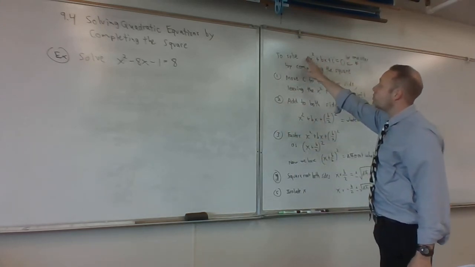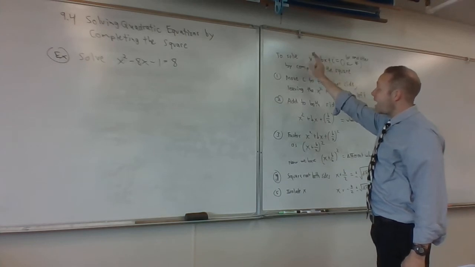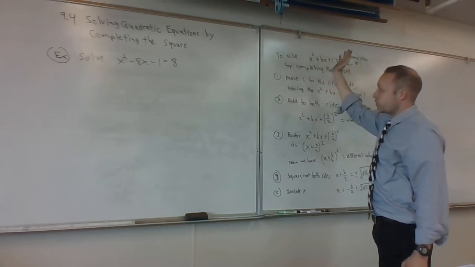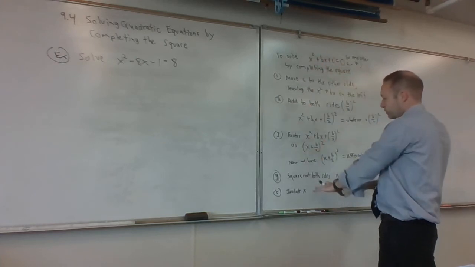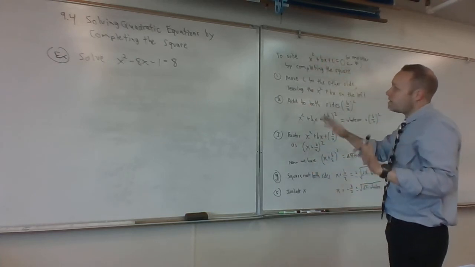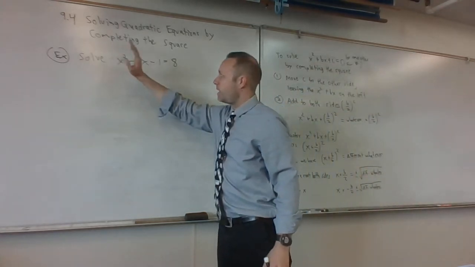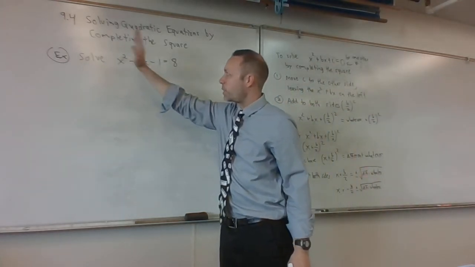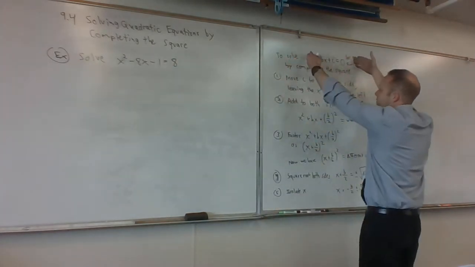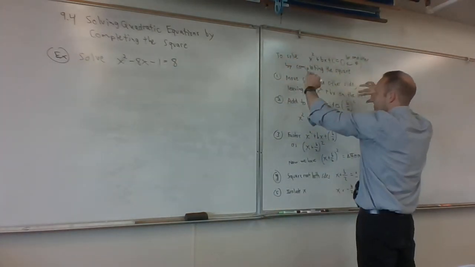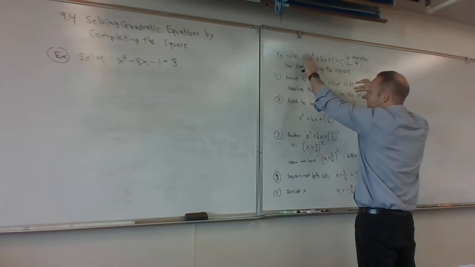Now, one thing that I didn't point out yet is here, the instructions say to solve x squared. Notice there's no a here. There's no ax squared. In other words, it's assumed that we're starting with 1x squared. These instructions work for that. If you had a different number here, like 2x squared or 3x squared or 1/2 x squared, as a first step you'd have to divide everything by that x squared coefficient.